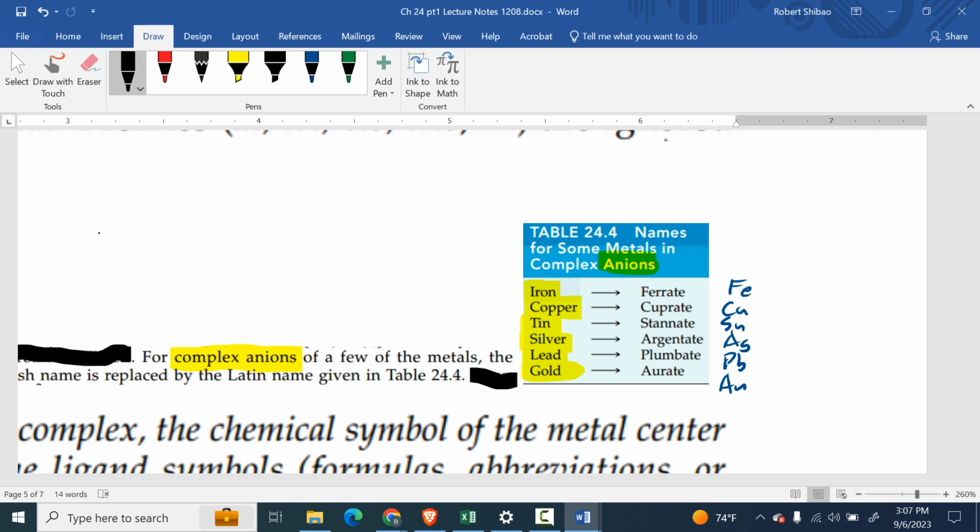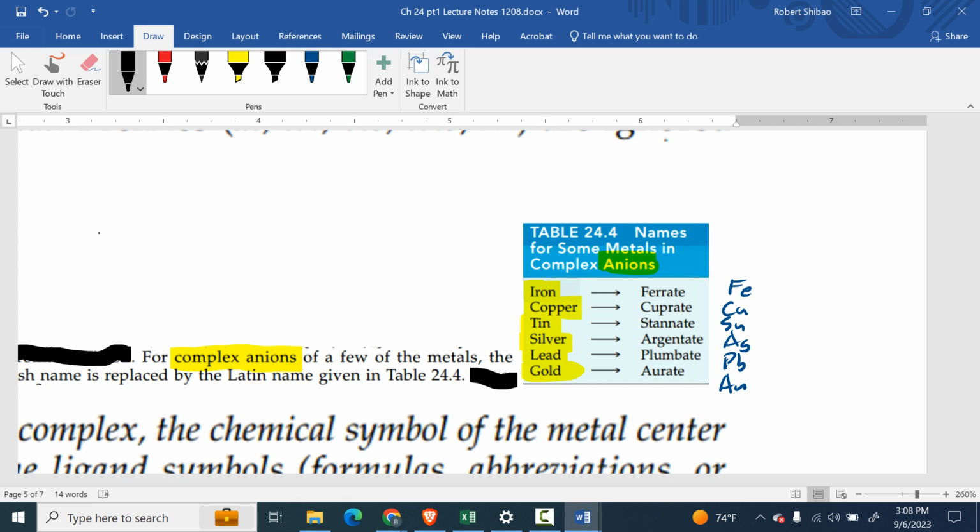And rather than calling it silverate, we call it argentate. Lead, plumbum, is called plumbate, not leadate. Gold is called aurate, not goldate. So these elements, the ones with these Latin symbols, are going to have the Latin name.